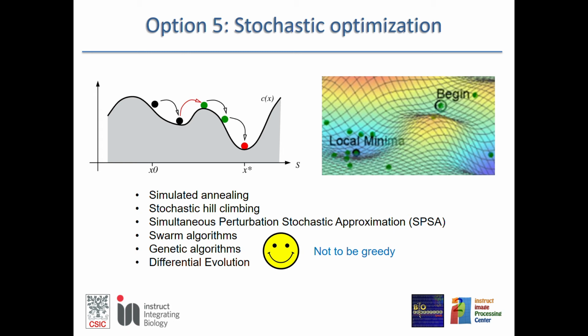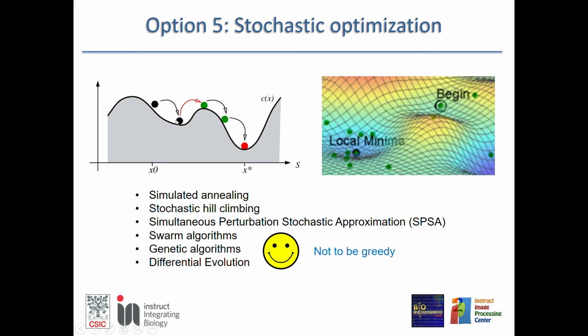So the idea is: do not try to be greedy. Try to allow for errors from time to time, and this is well known in optimization procedures like stochastic optimization. So for instance, if you start here, a deterministic optimization algorithm would go just to this local minimum, and if you start here, it would go to there.